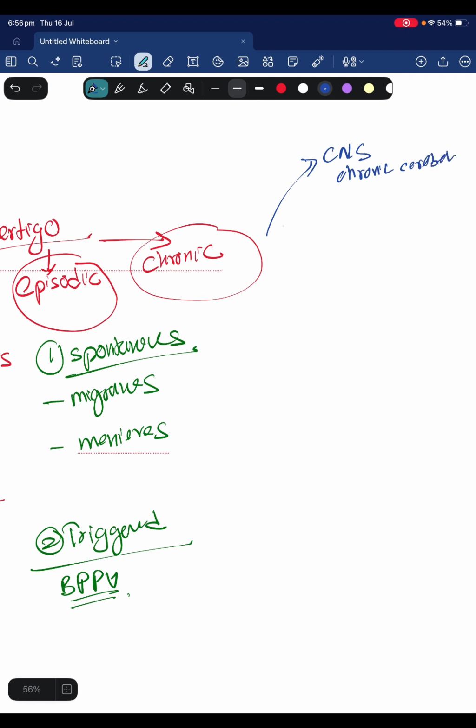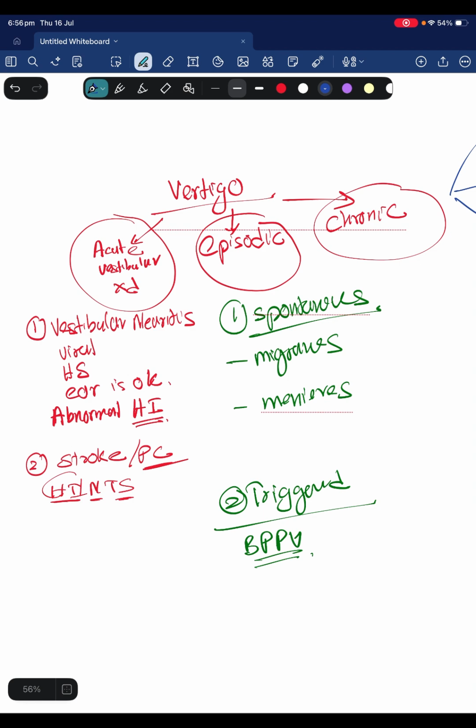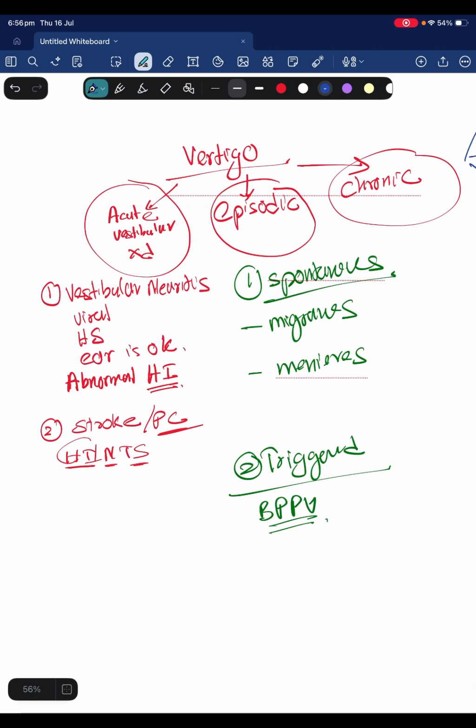And then this could be due to something with sensory, that is your issues with proprioception. And then this could be a primary issue in the vestibular system as well, right? And what's mostly important is the acute vestibular syndrome and the episodic ones.